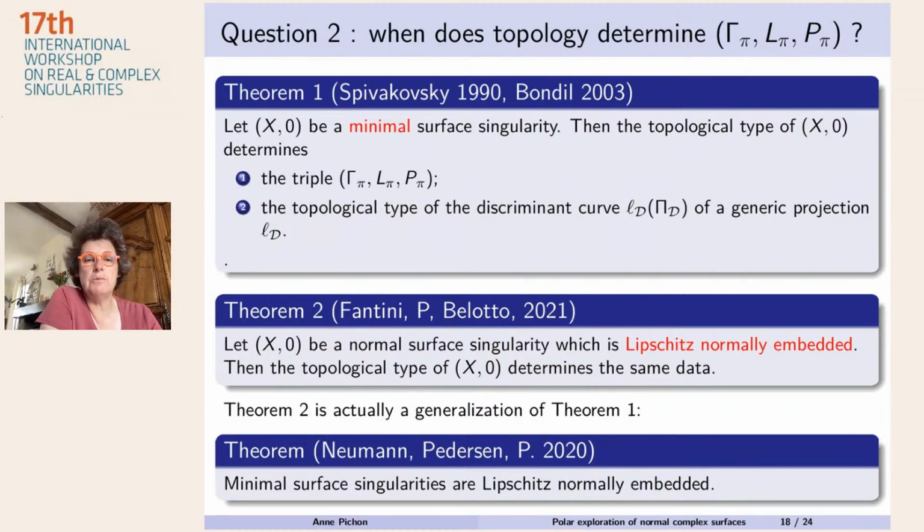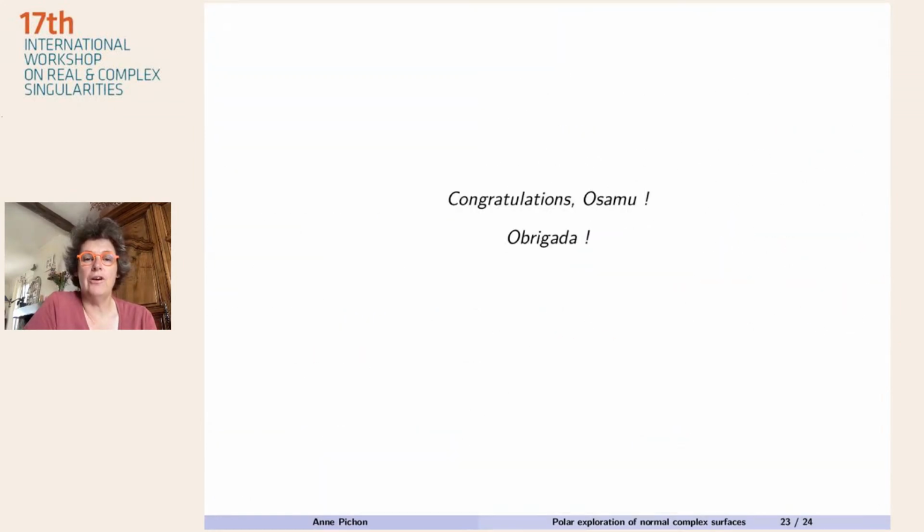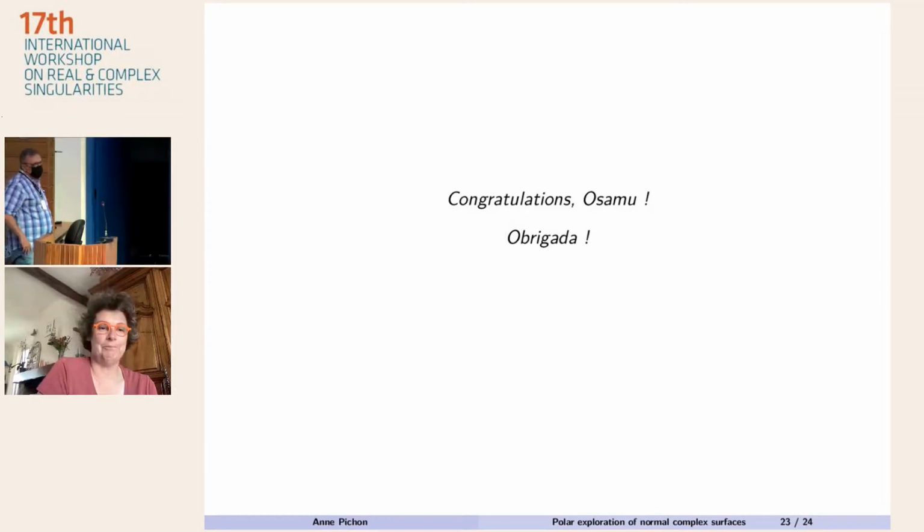And actually, theorem 2 is a generalization of theorem 1 because a few years before, we proved with Walter Neumann and Helge Pedersen that minimal surface singularities are themselves Lipschitz normally embedded. Okay, so I will stop now. Thank you very much for your attention, and I would like to congratulate Osamu Saiki. Thank you very much.